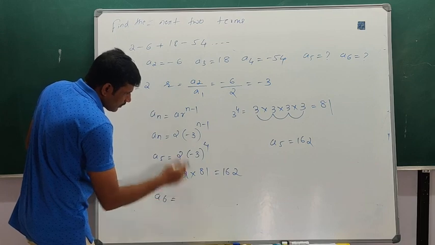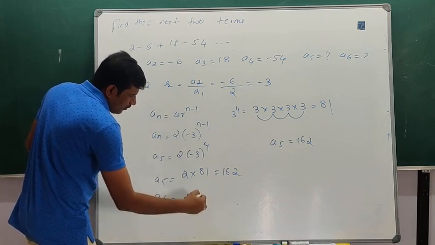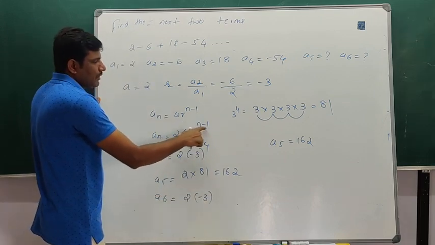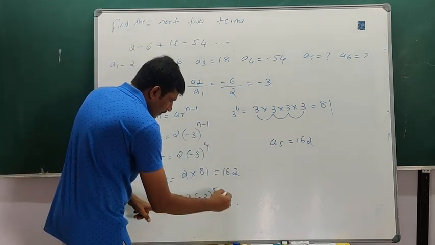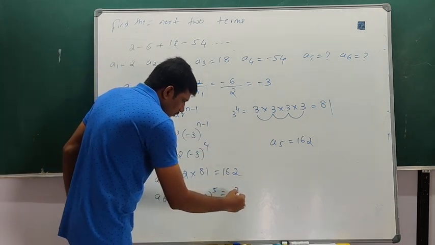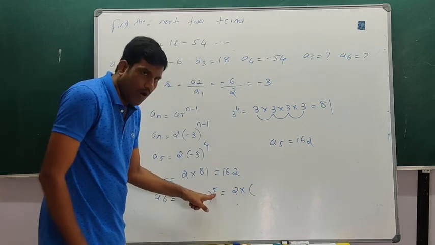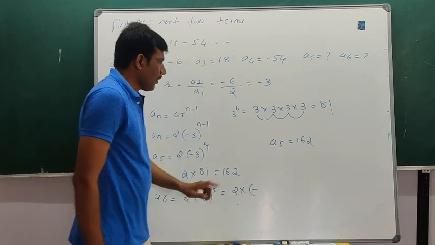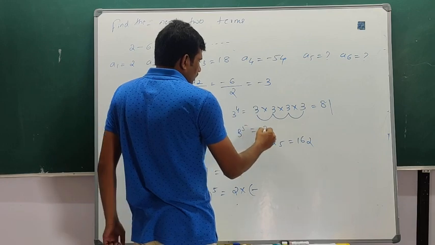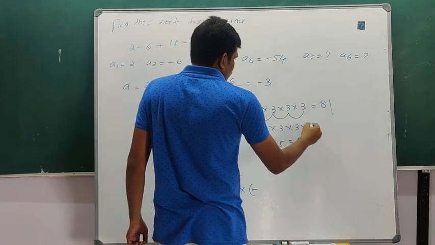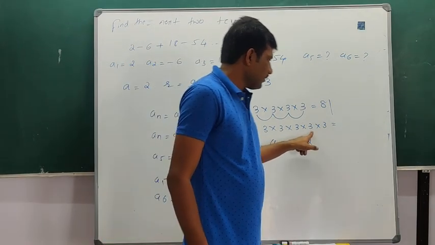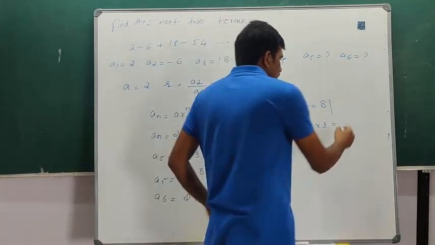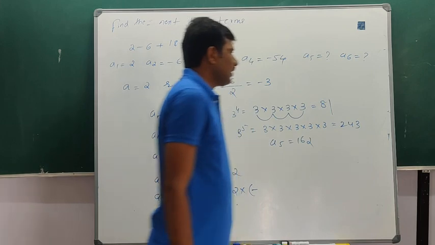Next is the sixth term. What is the sixth term? That is an equals 2 into minus 3 raised to n minus 1. What is the n value? n is 6. 6 minus 1 is 5. So now it is 2 into minus 3 to the power 5. Minus to an odd power is minus. So 3 power 5 is 3 into 3 into 3 into 3 into 3. 3 3s are 9, 9 3s are 27, 27 3s are 81, and 81 into 3 is 243.